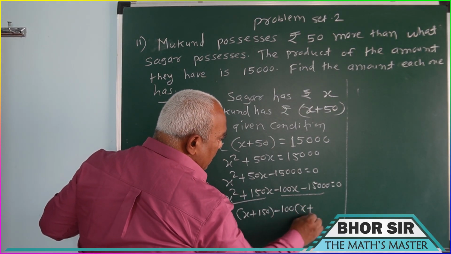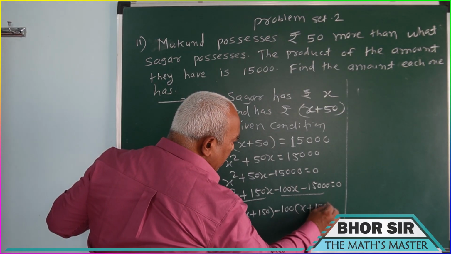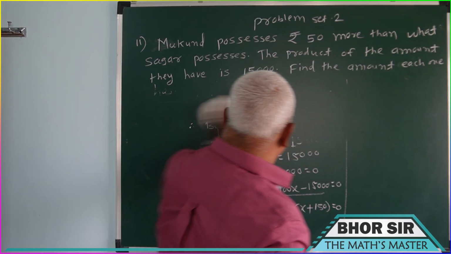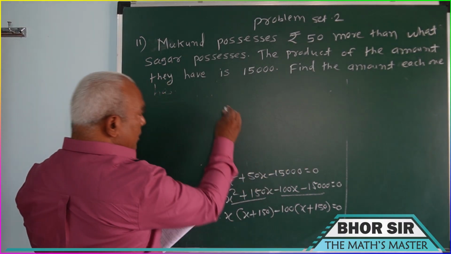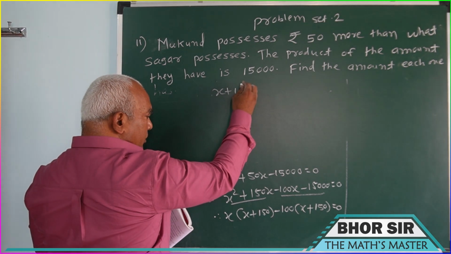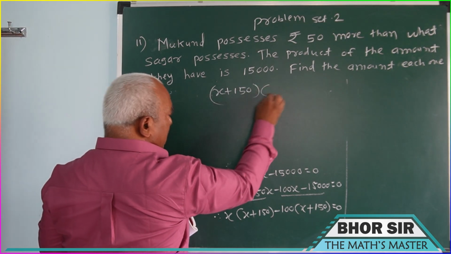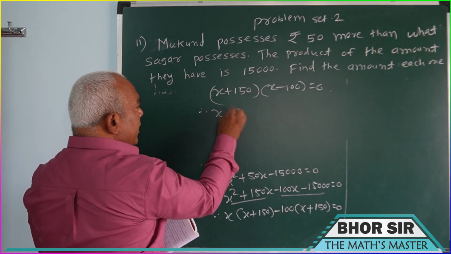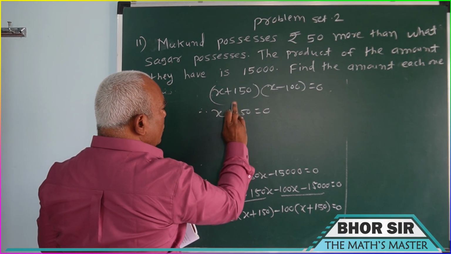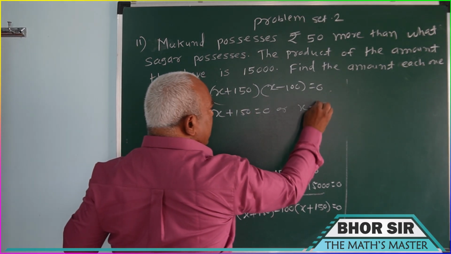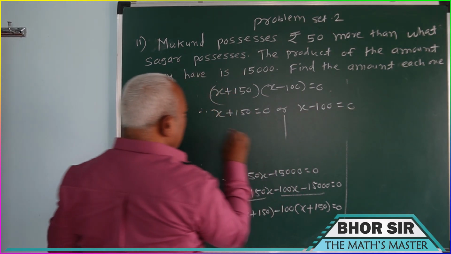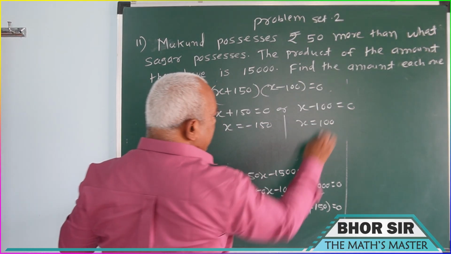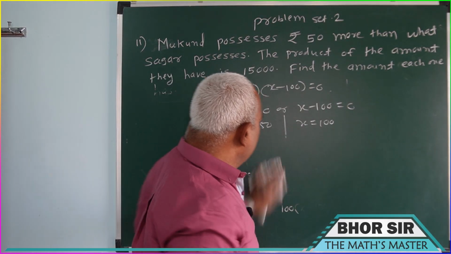Then the answer is X plus 150 in one bracket and X minus 100 in the other, equal to 0. Therefore, X plus 150 equal to 0 or X minus 100 equal to 0. Therefore, X is equal to minus 150 or X equal to 100.